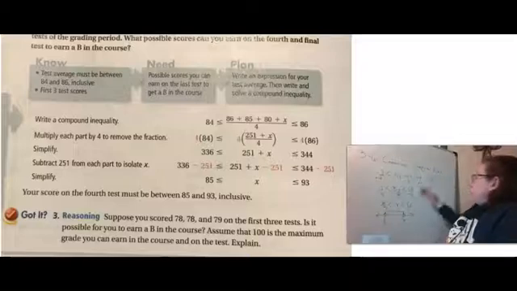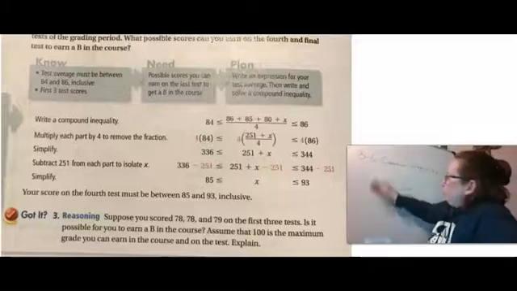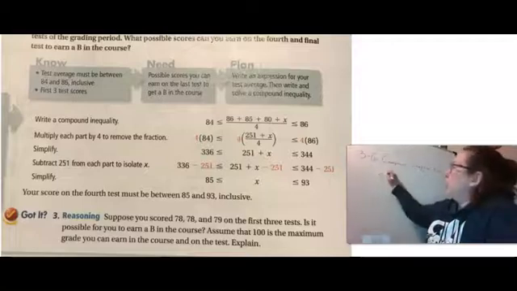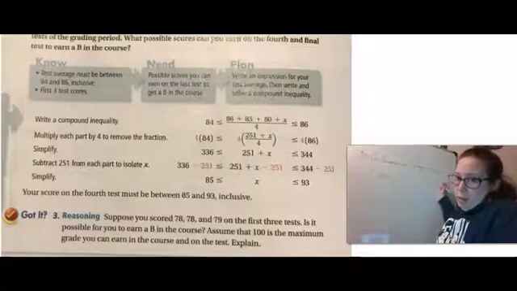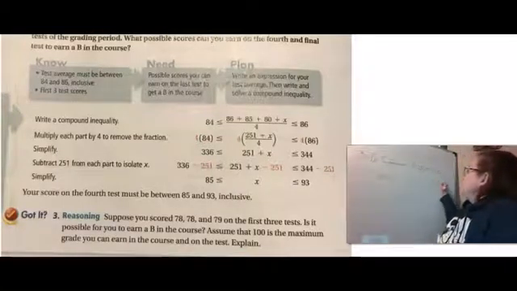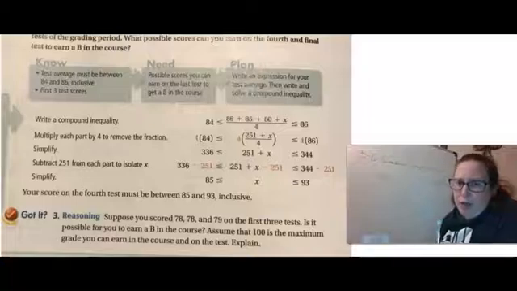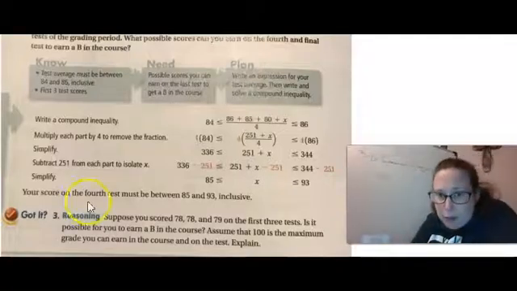we are going to use the same outline numbers of 84 and 86. This seems like a really small range for a B, 84 to 86, but apparently at this fictitious school, that's the B range.